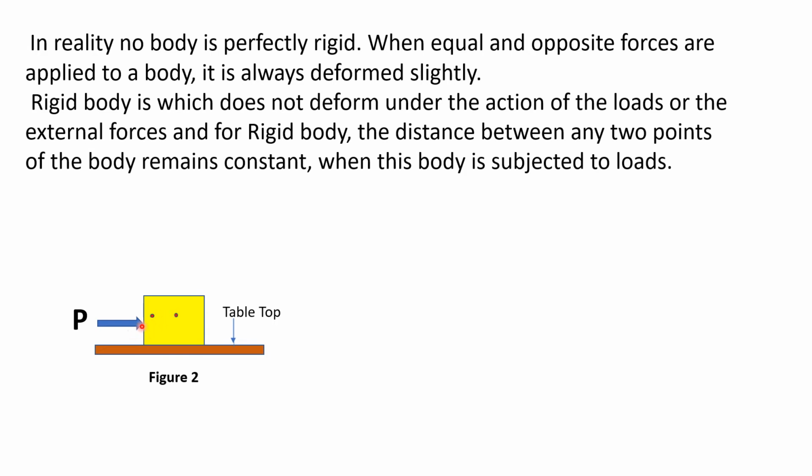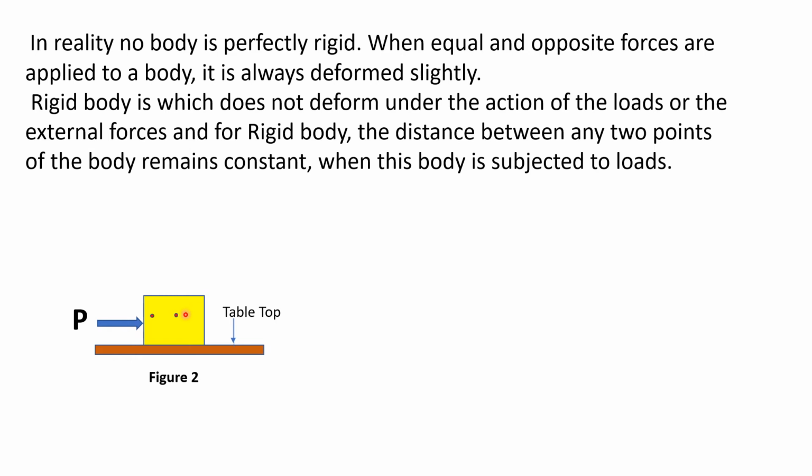If I apply a force, this whole body will start moving in the x direction. But these 2 points will have the same distance. That is not changed. So if the distance between any 2 points on the body remains constant when the body is subjected to loads, then this body can be called a rigid body.